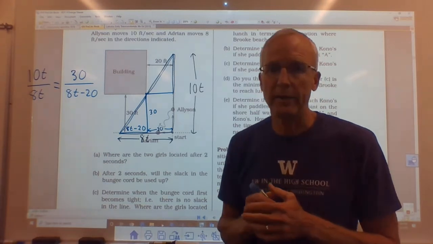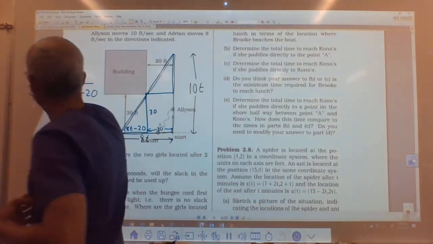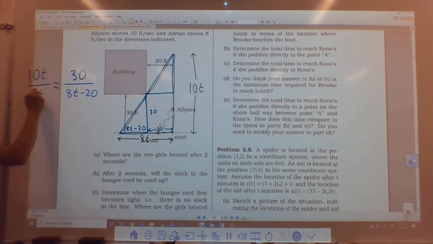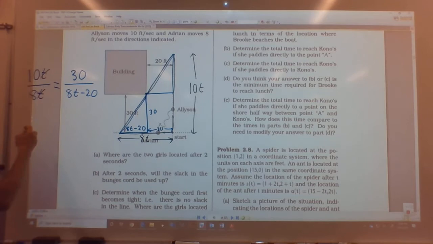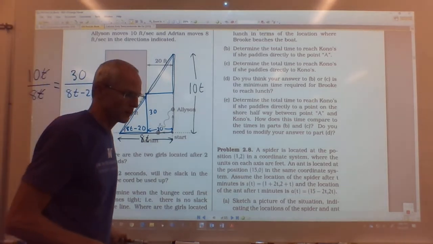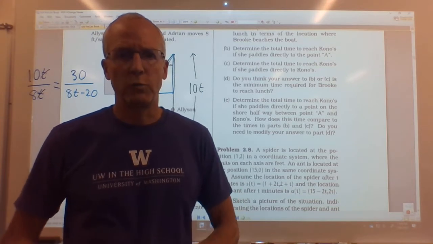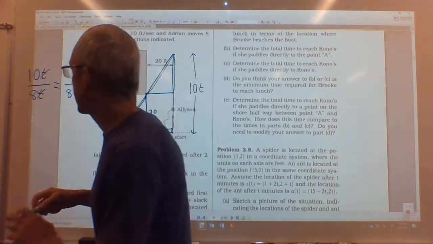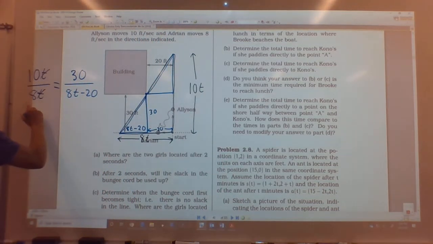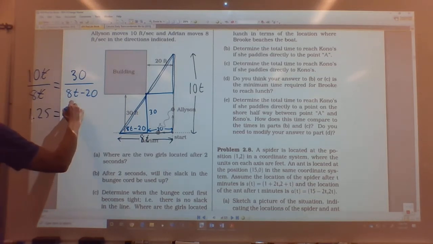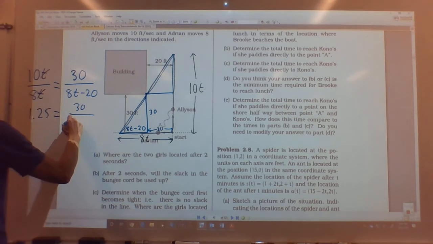Let's simplify first. 10t divided by 8t, the t's cancel. And 10 divided by 8 is 1 with 2/8 left over, which is 1/4, which is 1.25. So on this side we just have 1.25 equals 30 divided by 8t minus 20.